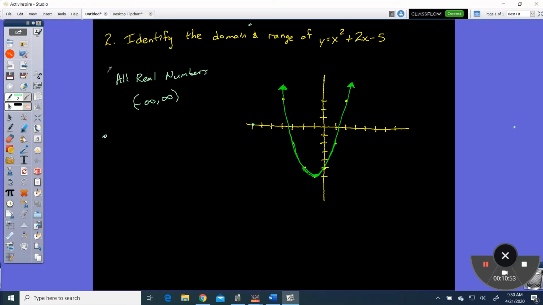I'd have to be way up off the page and off the whiteboard and out of the room to find where it actually goes up that high, but we'd find a point out here for this x that would be on this graph. Okay, so what numbers could I plug in for x? I could plug in any number I want to. There's nothing to stop me from plugging in any number that I wanted to plug in for x.